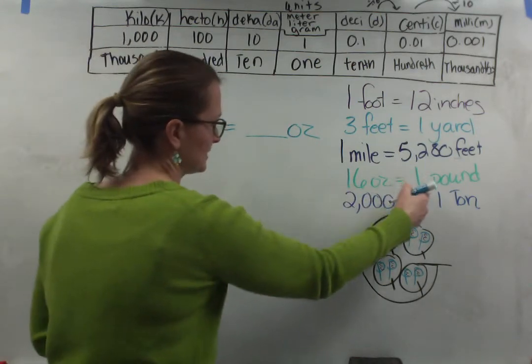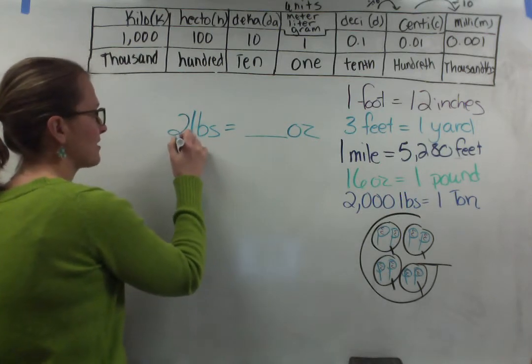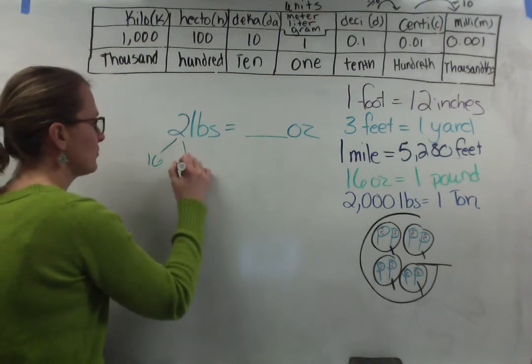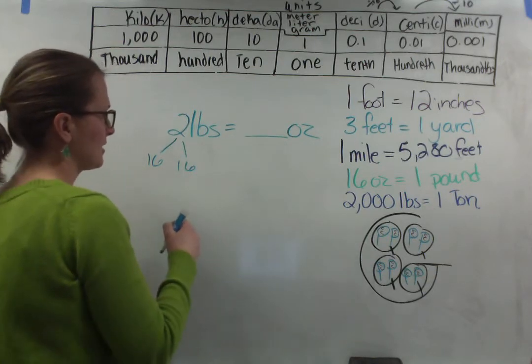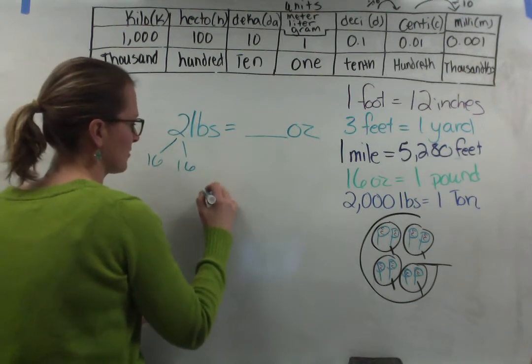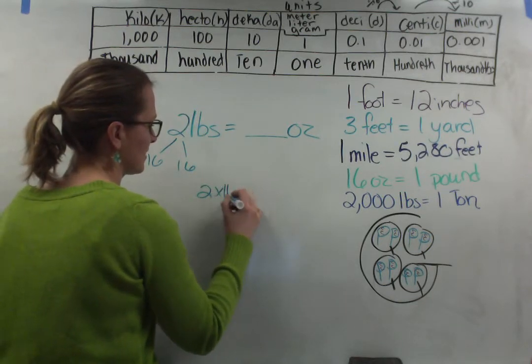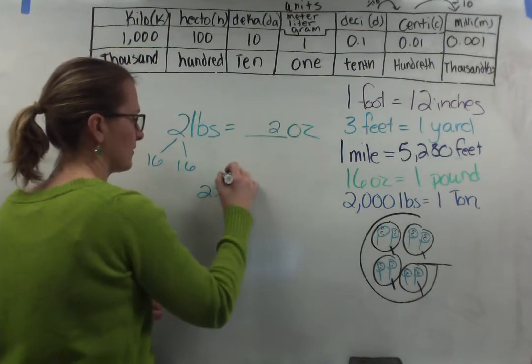In this case, 16 ounces makes 1 pound. So that means that 2 pounds is going to be 2 groups of 16. So it's going to multiply, because one group is going to be 16 and another group is going to be 16. So 2 times 16 is going to get you your ounces. 2 times 6 is 12, carry the 1, 2, 3.